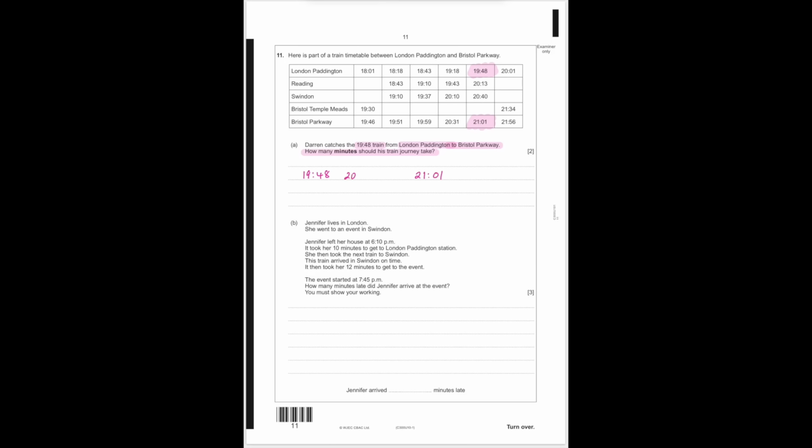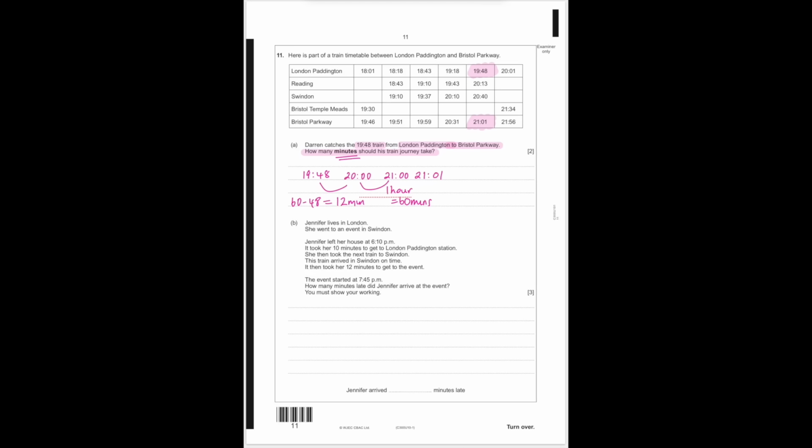So we would pass 8 o'clock and we would pass 9 o'clock. Okay, so if we get from 1948 to 8 o'clock, that's the next hour. Remember, there's 60 minutes in an hour. So 60 take away that 48 means that is 12 minutes. And then from 8 till 9 is 1 hour, which is 60 minutes.